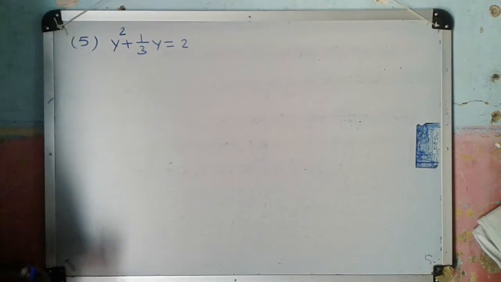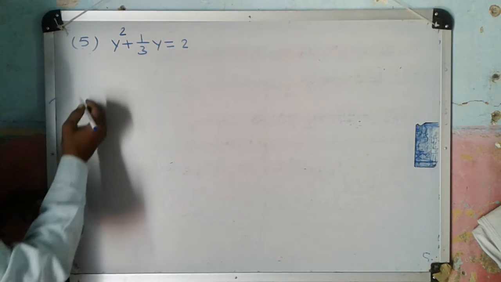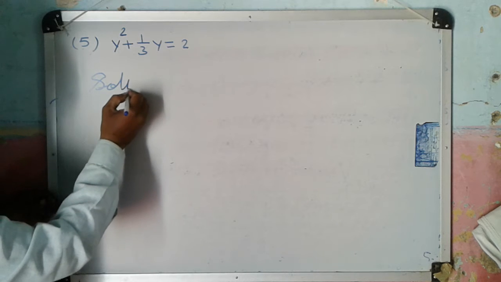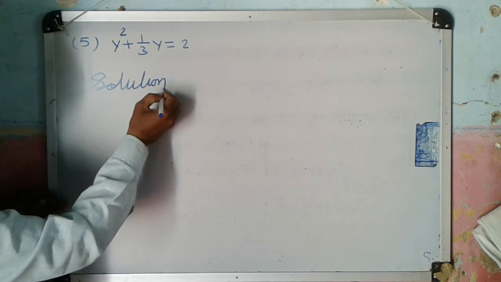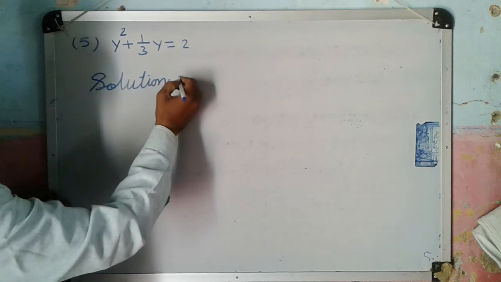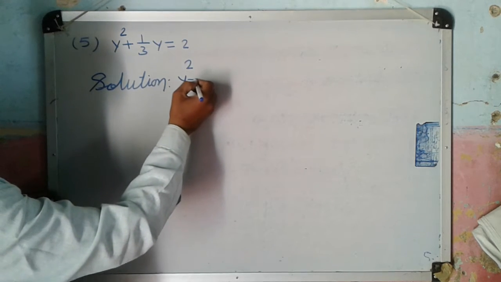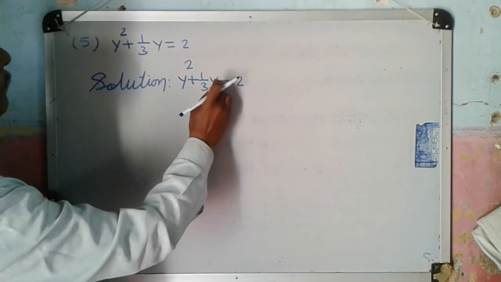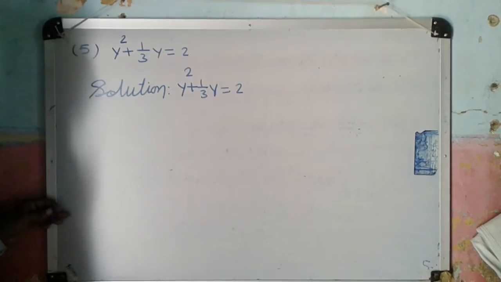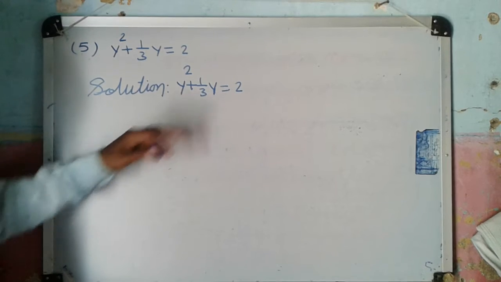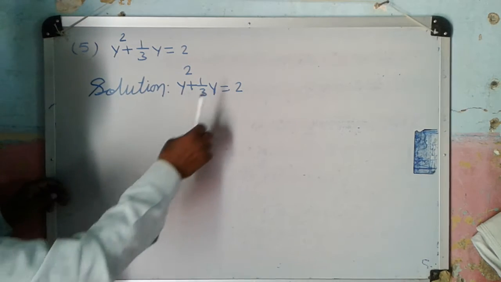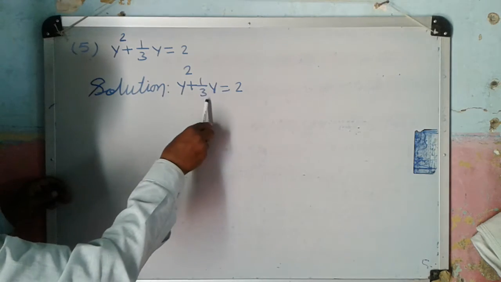Now, example number 5. y square plus 1 upon 3y is equal to 2. Okay. Now we will simplify this and we will write it in general form. For that, multiply both the sides of equation by 3.